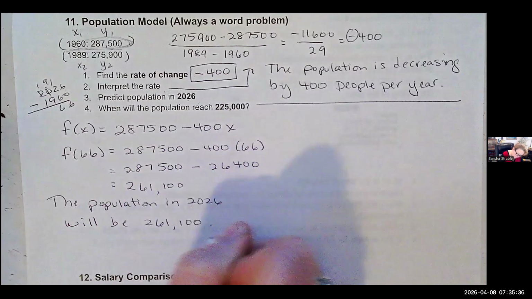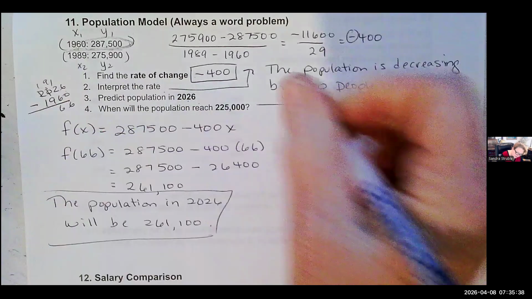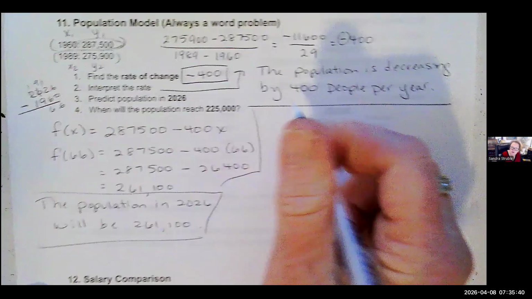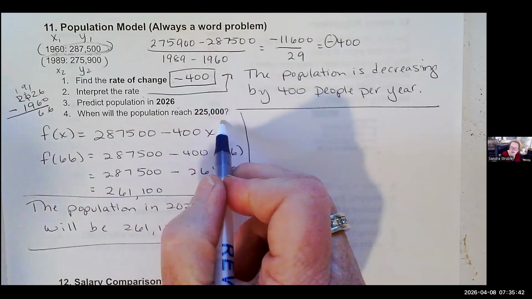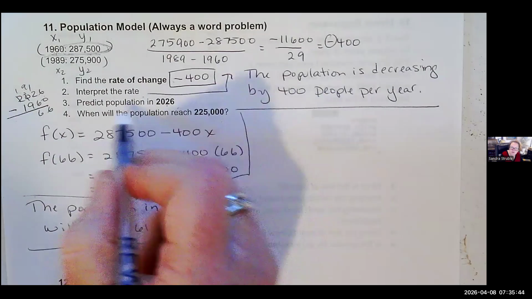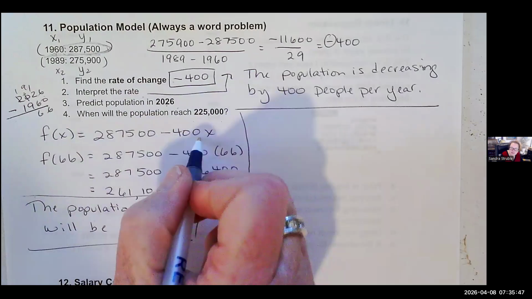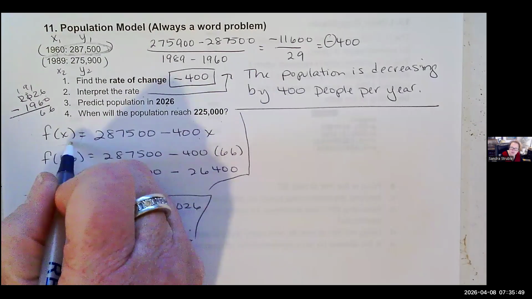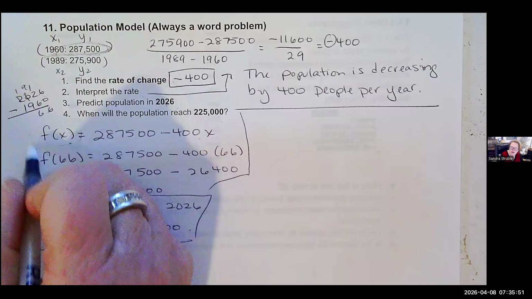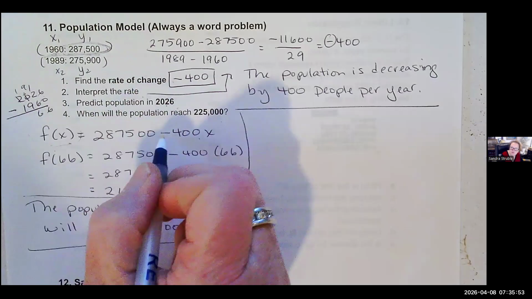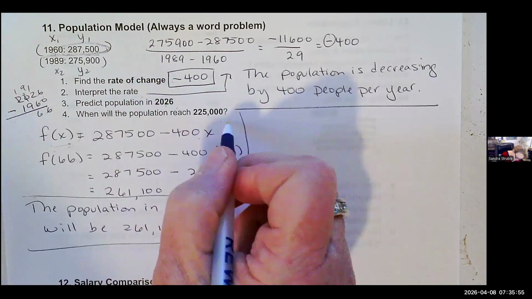And the next one is, when will the population reach 225,000? Well, you need to understand that with my function, the f of x means the population. The population is this minus this. So where the f of x is, I'm going to substitute 225,000.